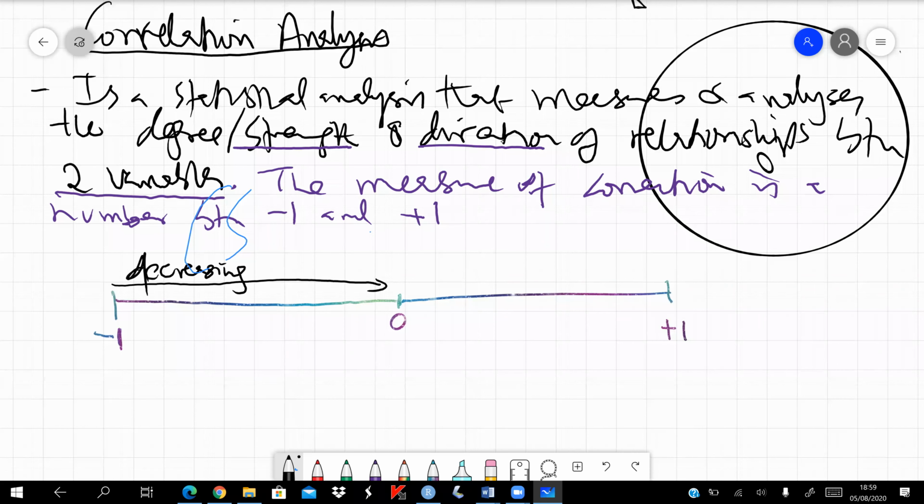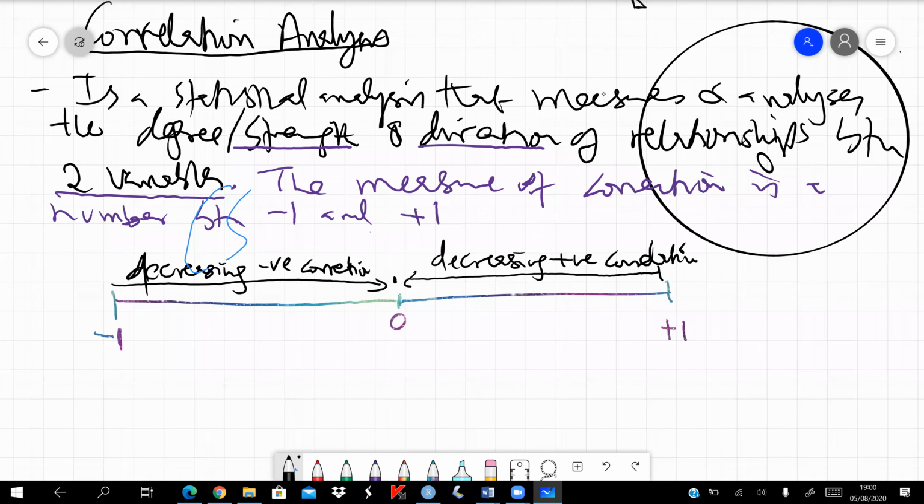That is decreasing negative correlation up to that point. And this one from +1 to 0, this is decreasing positive correlation. So the word positive or negative here is the one that tells us the direction.